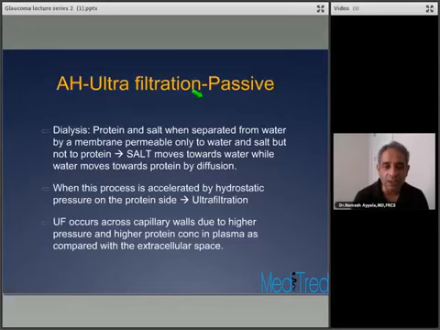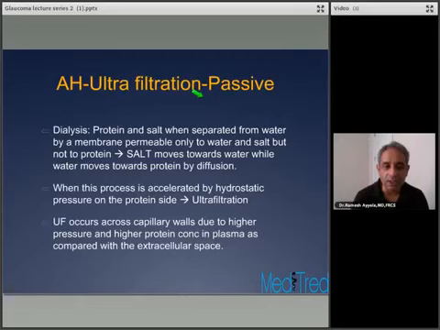What's going to happen is that, and this membrane, let's assume, is permeable only to salt and water, in which case you have salt moving this way, and you have water moving this way, to the extent that the salt and the water content on either side equilibrate. Till such time you have these pathways going back and forth, right? And because the protein cannot move out across this membrane, protein will stay on this side. And this is how dialysis works.